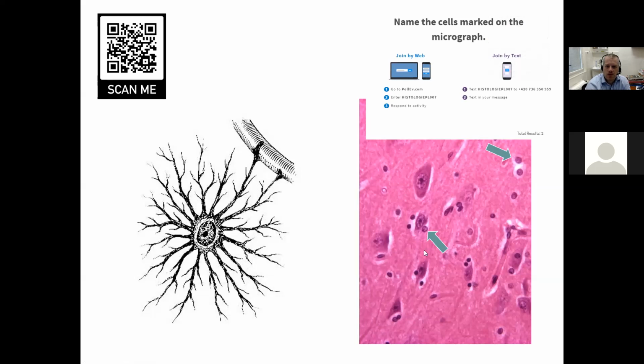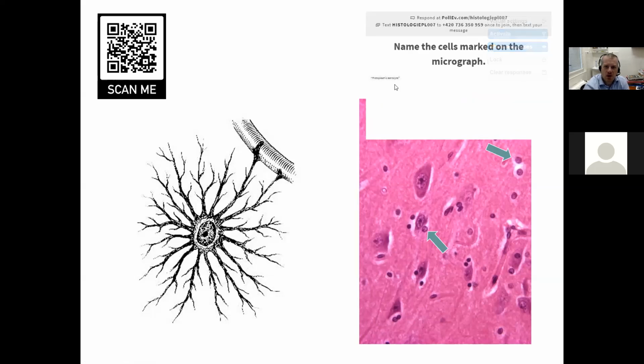So how to approach this problem is that you should realize that you are looking on the gray matter somewhere in the central nervous system. Yeah. How do we know? Because you can see these cell bodies of neurons, such as this one, this one, this one, or this one.